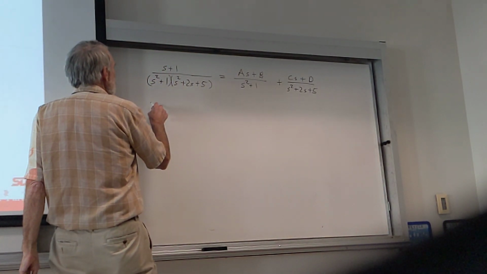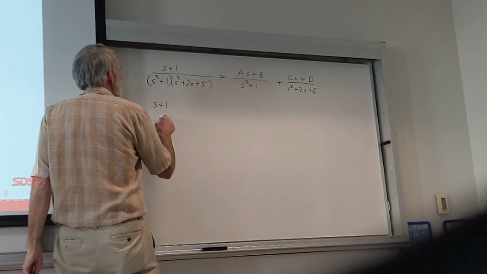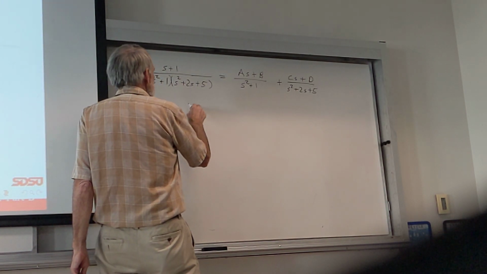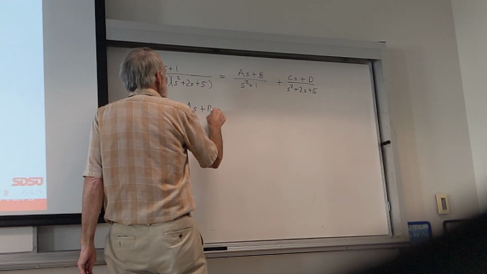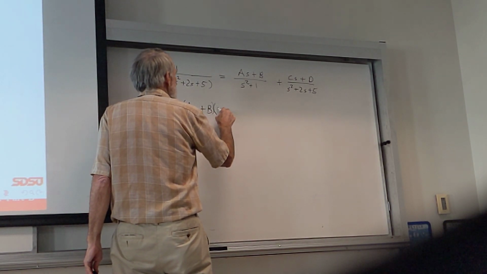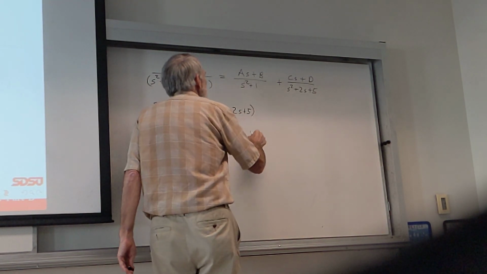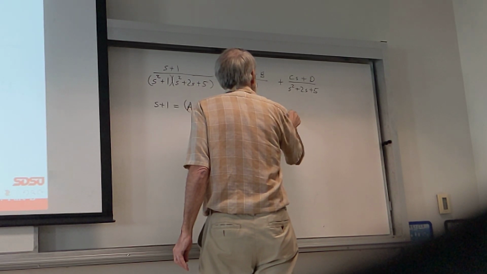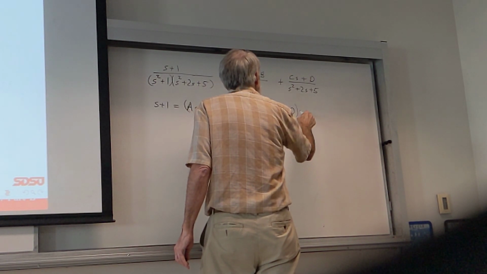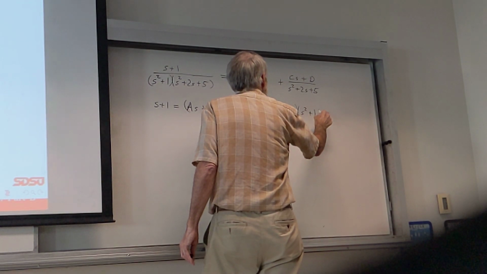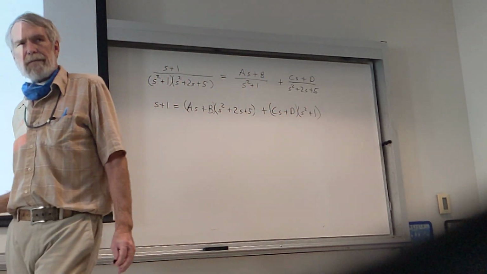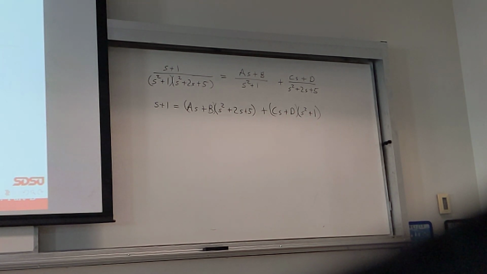So multiplying through here, we get s plus 1 is equal to (as plus b) times (s squared plus 2s plus 5) plus (cs plus d) times (s squared plus 1). We've got 4 coefficients to get from this.